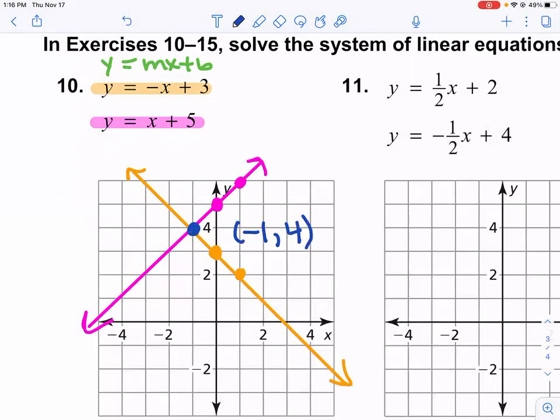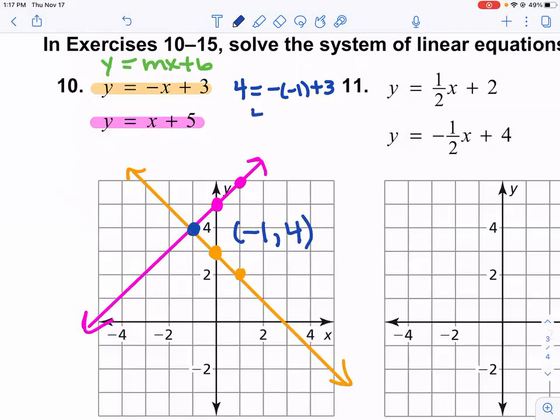We need to make sure that that is actually true. We need to plug that point into both to make sure that in fact is where they're intersecting. So let's try it. If I plug in my coordinate -1, 4, does negative times -1 plus 3 actually equal 4?